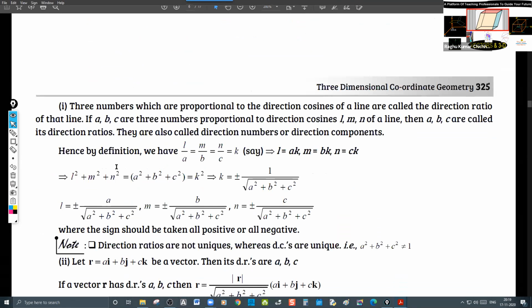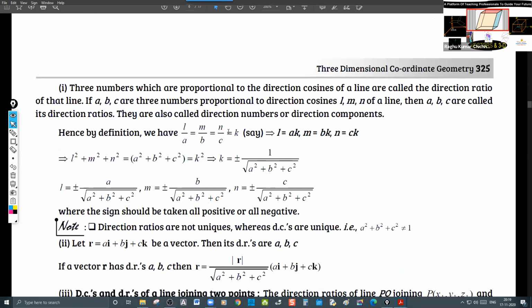And direction ratio, I already explained the relation between direction ratios and direction cosines. DRs and DCs are proportional to each other, and how to convert DRs to DCs. This is an important point. Just understand this. If LMN are DCs, ABC are DRs, then A by L is equal to B by M is equal to C by N is equal to some K. You have to understand they are proportional to each other.